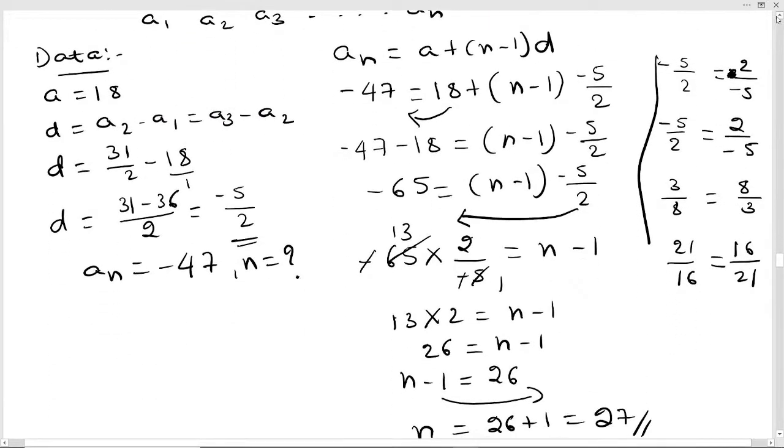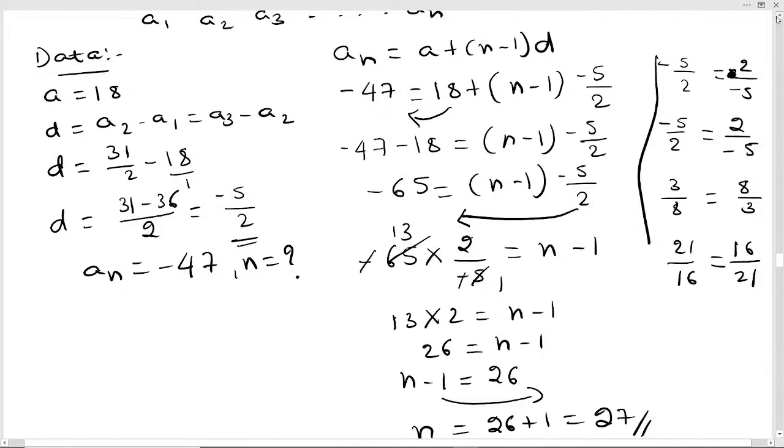Okay children, just observe here, you need to observe the third step, the fourth step and the fifth step. Here I am sending 18 to the left hand side, it will become -18.